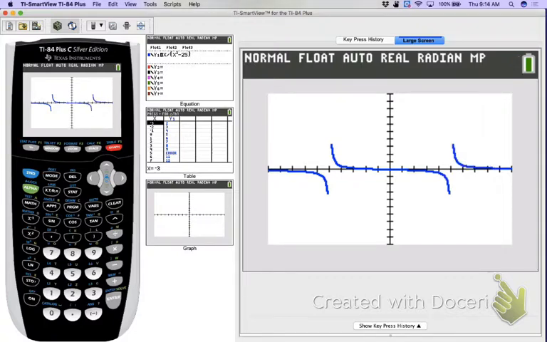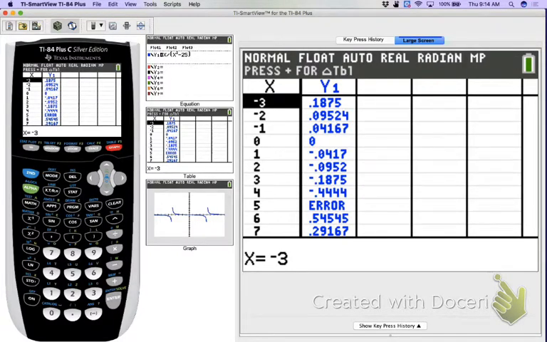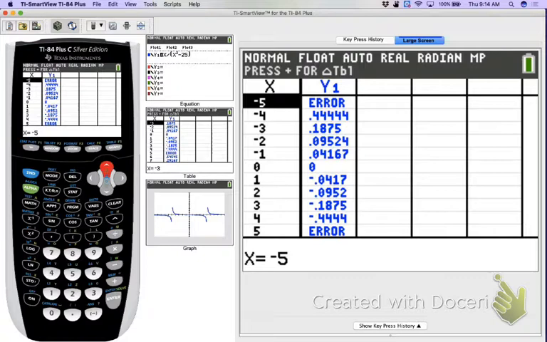So we have basically our windows. If we go into our table, excuse me, and kind of look at everything, you have an error at the positive 5. We go up to negative 5, we have another error. Your x value can't be where there is an error.